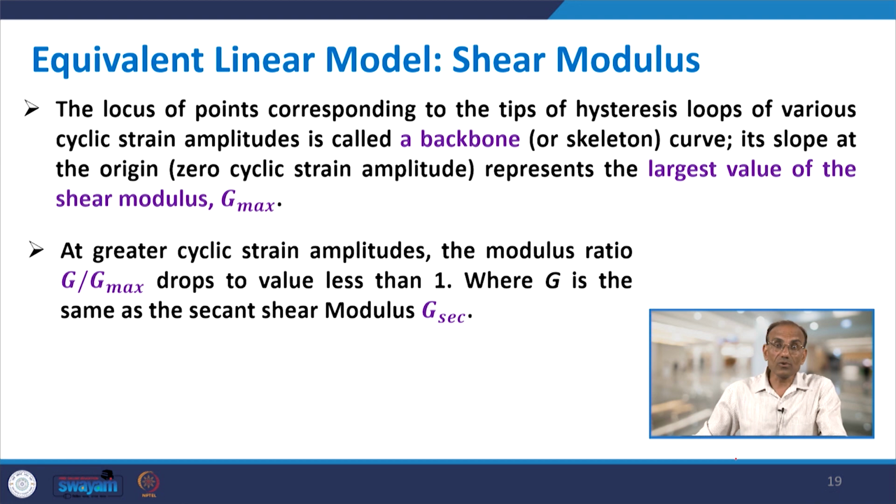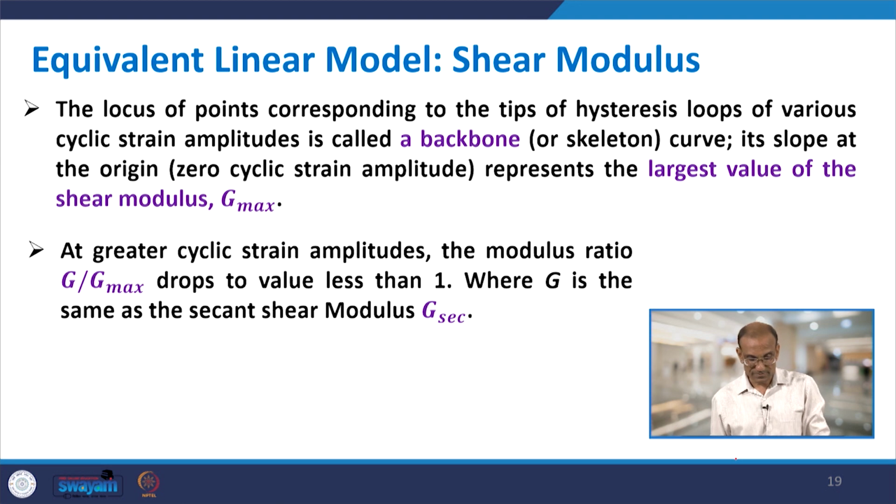The locus of points which correspond to the tips of the hysteresis loops of various cyclic strain amplitudes is called a backbone curve or skeleton curve, and its slope at the origin, where the cyclic shear strain amplitude is 0, represents the largest value of the shear modulus, that is nothing but G max.